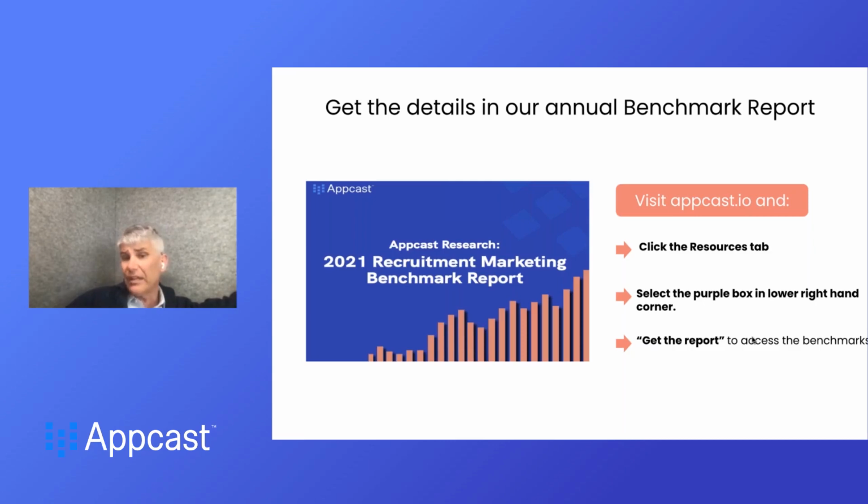If you can get that from your applicant tracking system, or if you use Appcast technology, it tells you right there what your apply rate is. You can compare that to the industry average, and if you find that you've got a lower apply rate than the industry, you can start a conversation with us or with your recruitment marketing partner about how you can improve it.